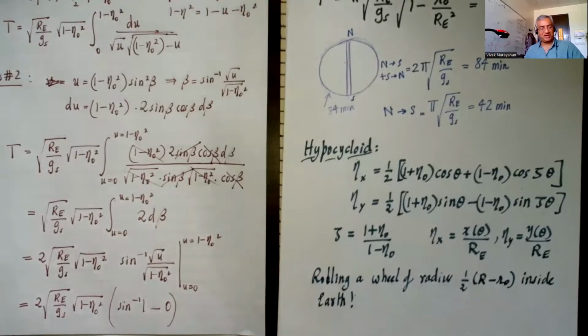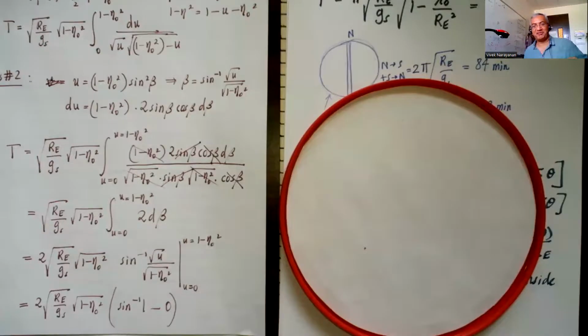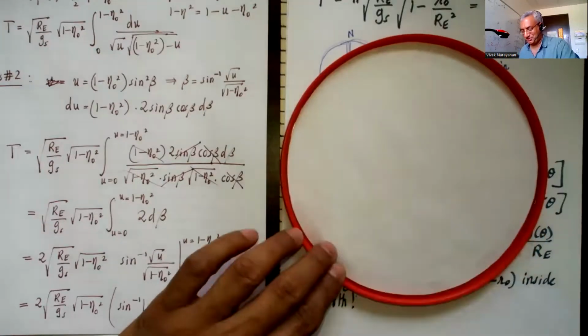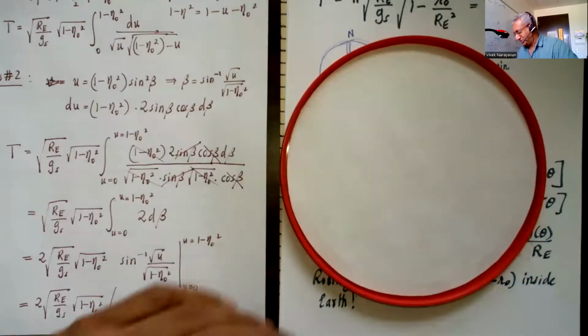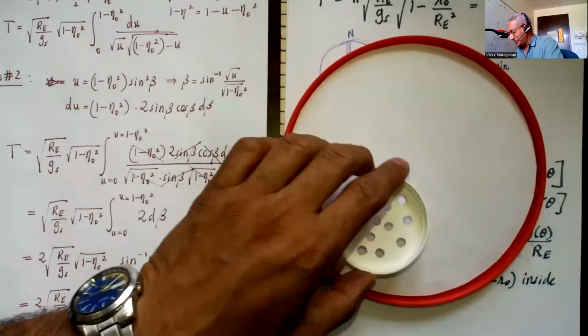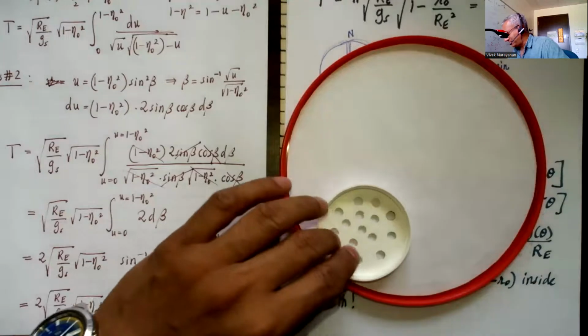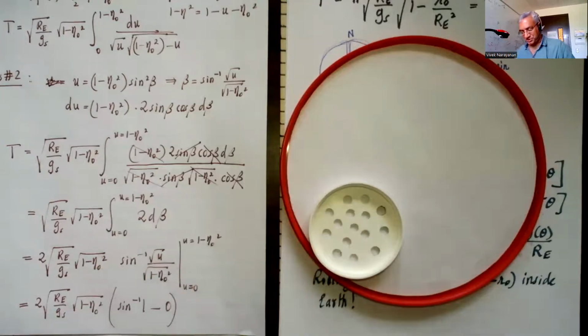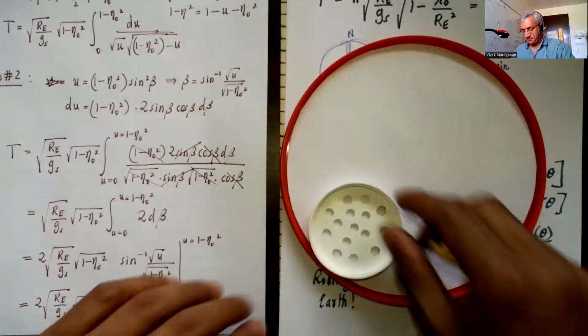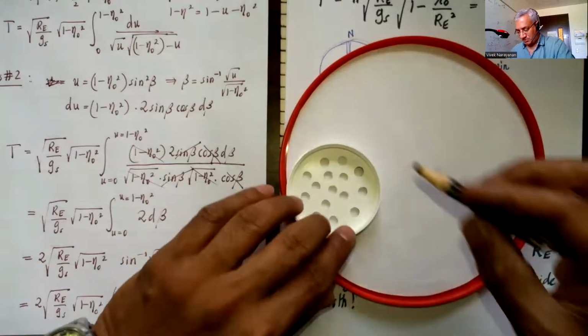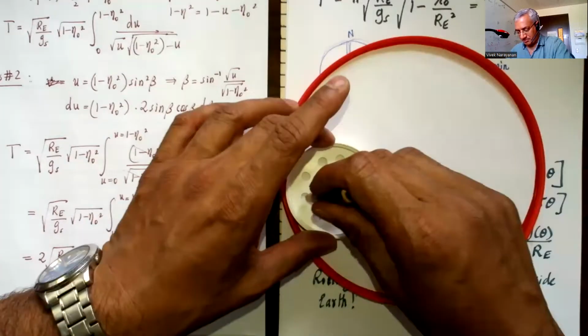So that is the construction, and now I would like to spend some time with this construction. I have taken the trouble to create the interior of the Earth. So I'll try to maintain some silence because this requires absolute concentration. I need to roll this without slipping on the inner rim.